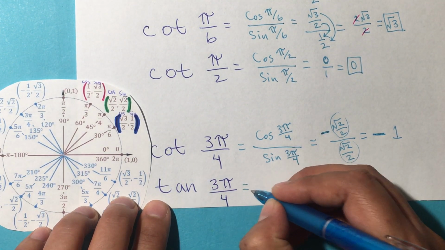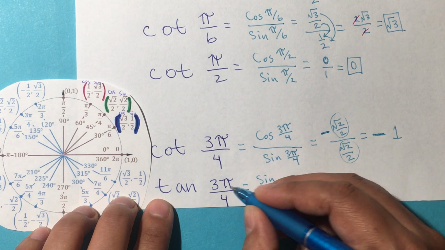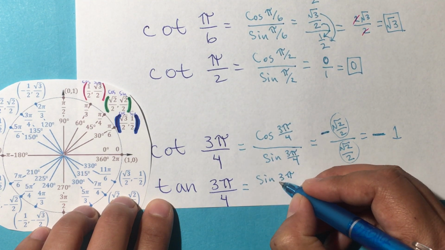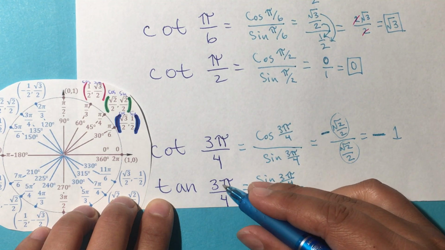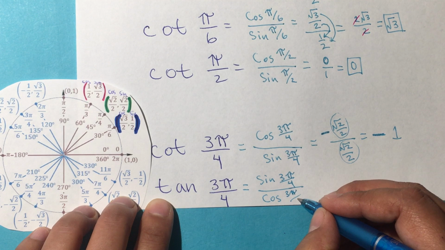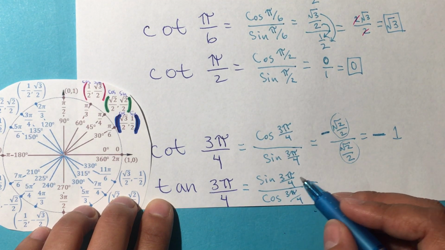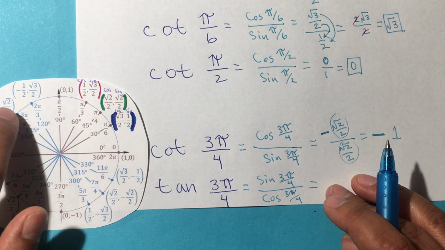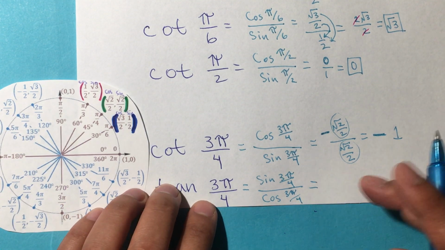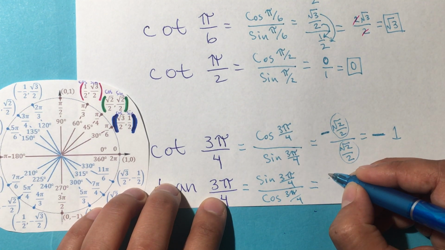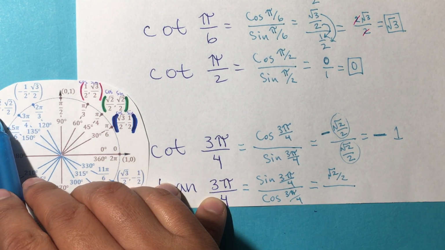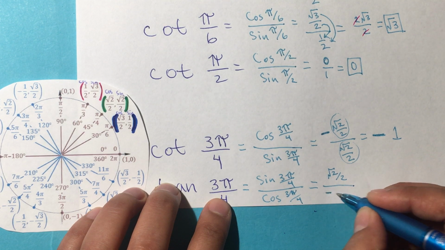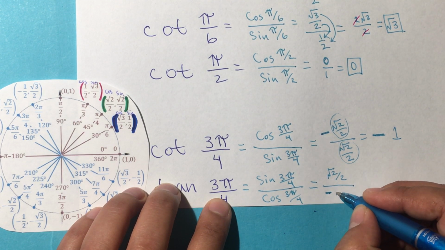And the last one, for tangent, is sine of that same angle over cosine of that same angle, but in radians. And so sine of 3/4 of pi is, the sine is always the y value, so it's positive square root of 2 over 2 divided by the cosine, which is always the x value, and so it's negative square root of 2 over 2.